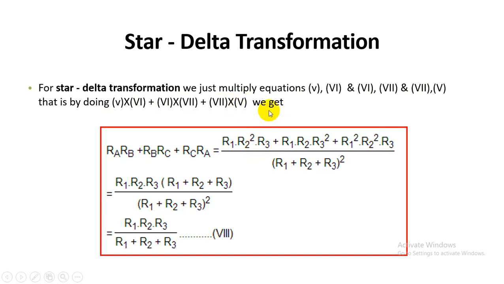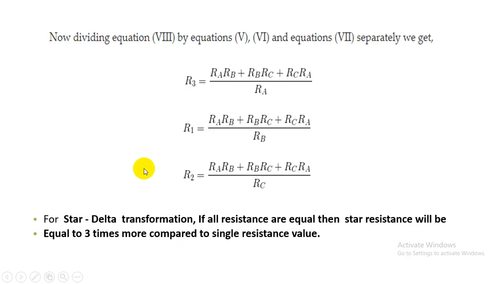With that we get the 8th equation, that is R1 R2 R3 upon R1 plus R2 plus R3. Then we divide the 8th equation by equations 5, 6 and 7 separately, one after another. We will get R1, R2, R3 like this.